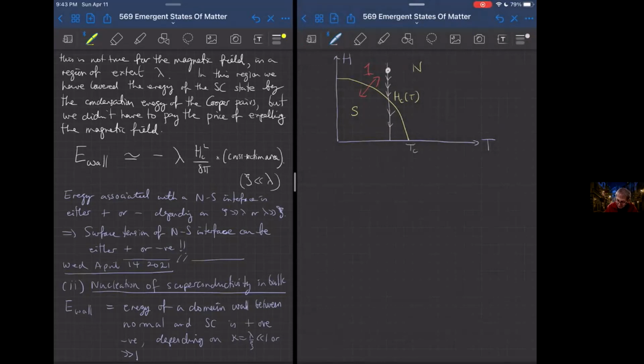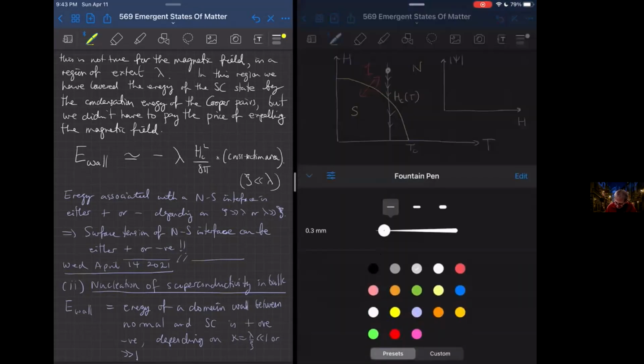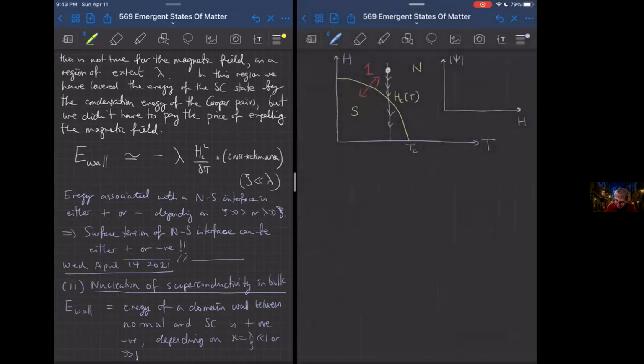So why don't we plot the magnitude of the order parameter psi as we go through this transition? And so what's going to happen is not very surprising. We get to the thermodynamic critical field Hc of T. Above that, the order parameter is 0.